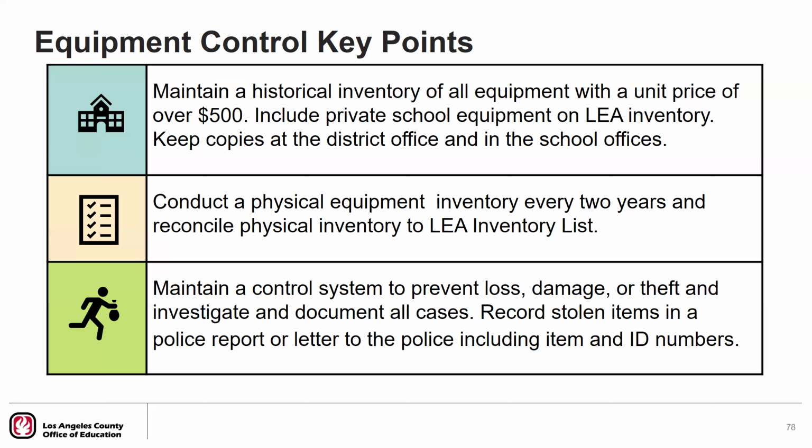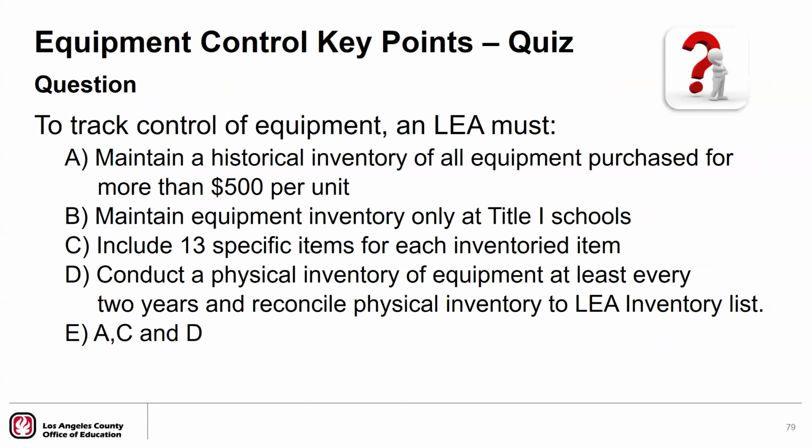And additionally, conducting and reconciling physical inventory of your equipment at least every 2 years, and maintaining a control system to prevent loss, damage, or theft. So now we'll finish up our section on equipment with a quiz.